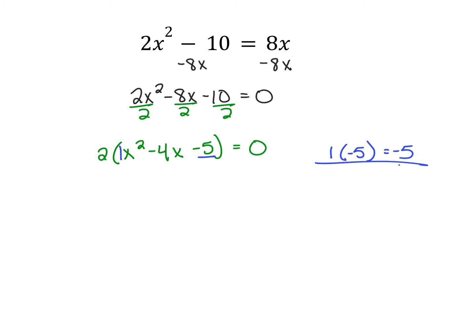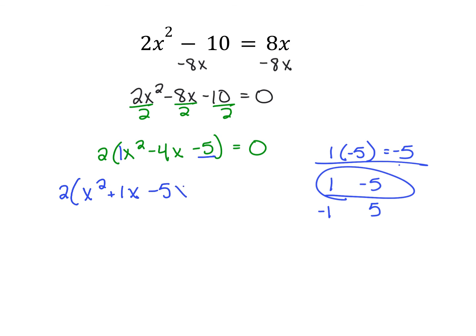So I know my factors of negative 5 are 1 and negative 5, or negative 1 and positive 5. Which of those are going to give me a negative 4? And it's that 1 and negative 5. So when I rewrite this one, I need to keep that 2 out front, and then inside my parentheses I can have my x squared, and using those two factors, plus 1x minus 5x, and then going back minus 5.